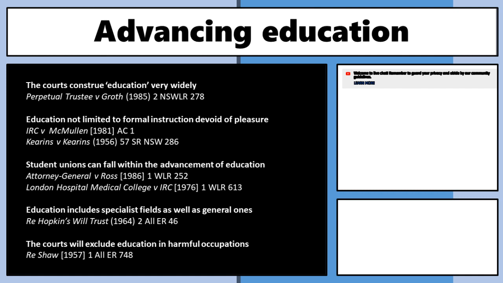The first one was to do with, look, is this, strictly speaking, the advancement of education? And they talked about this in a bit of depth, because research is construed in really broad terms, but research has still got to have a public benefit of some sort.